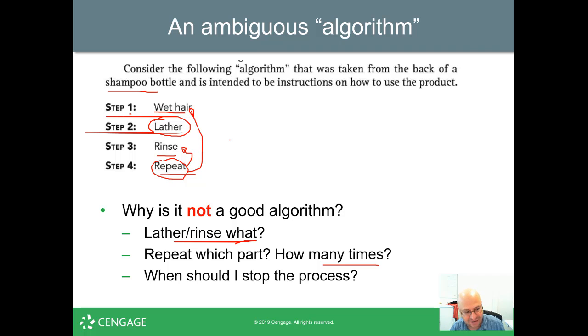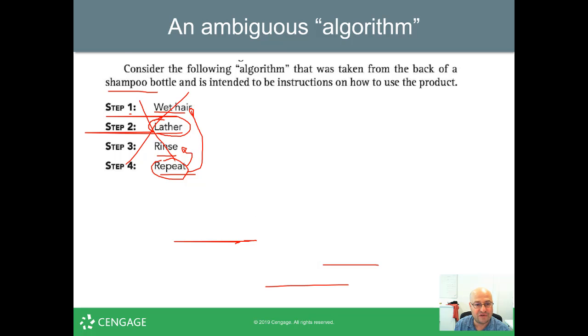I wish. If I had hair, I could, obviously. Though in my case, not even that is correct. And when should this stop? Should this process stop? Although this may be understood as a kind of everyday algorithm, it's not a formal definition of algorithm. It's not computable.